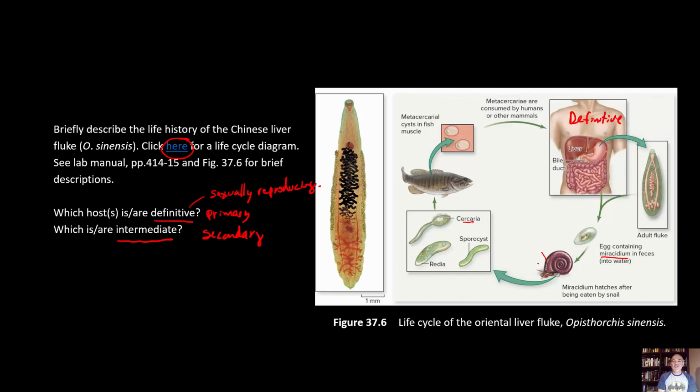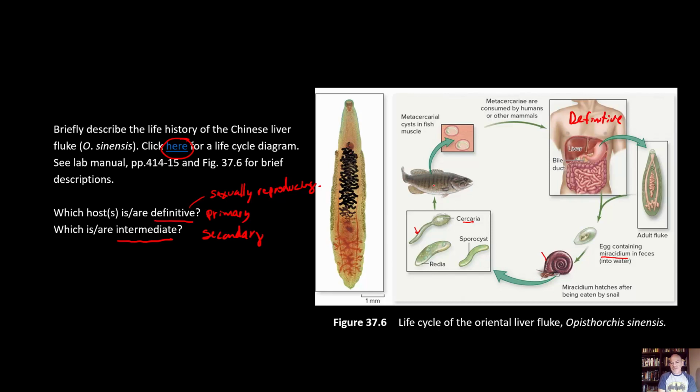So they exit the snail either through their body walls or through their anus, and they escape, and they're swimming. They have a structure back here that allows them to swim, and they'll swim and burrow into the body of a fish.